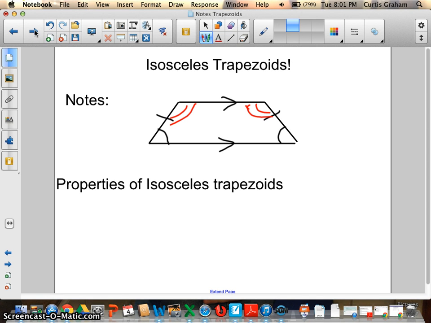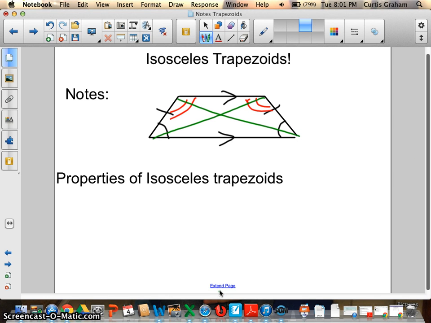And the diagonals, right there, are congruent. So let's write all those down real quick. Legs are congruent. Base angles are congruent.